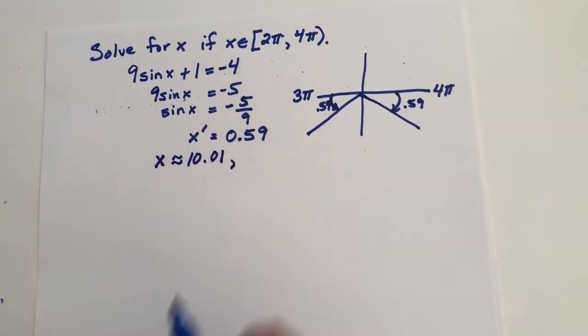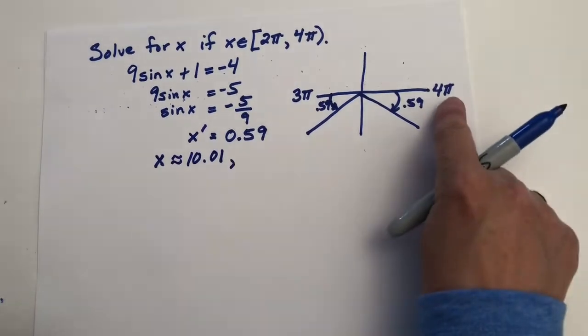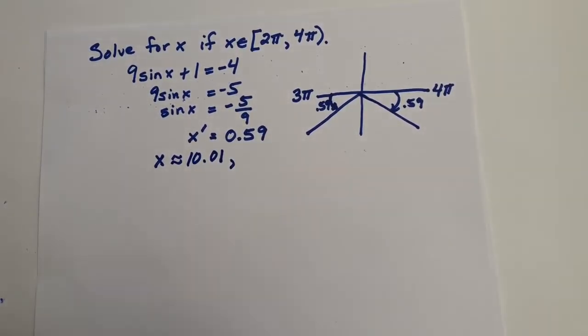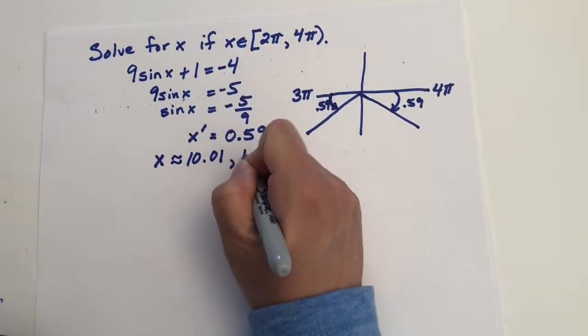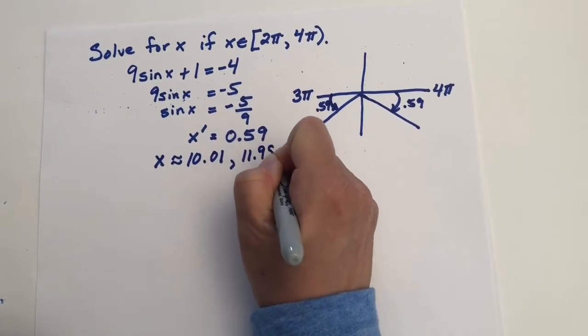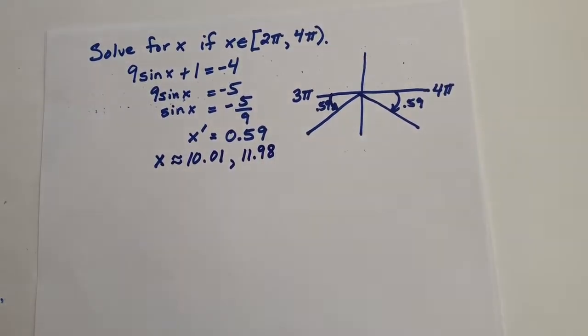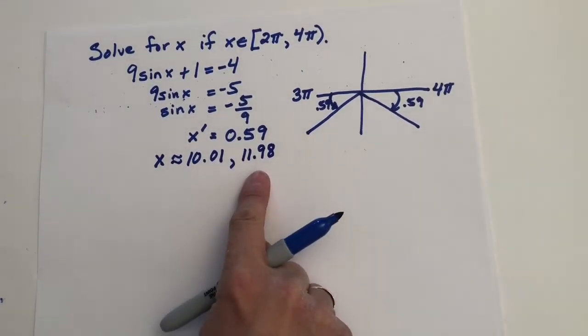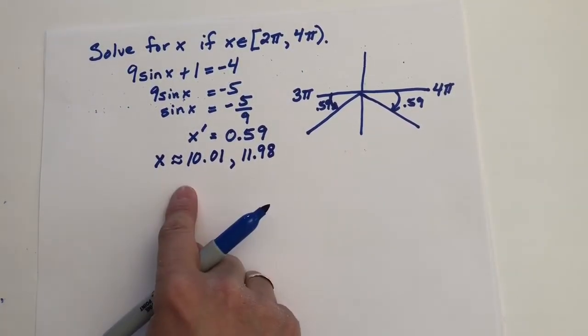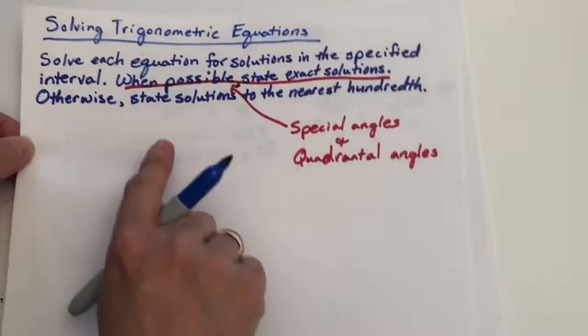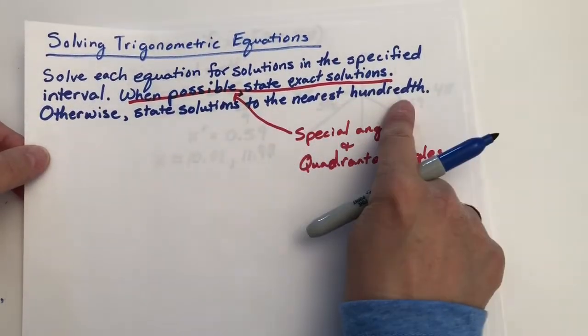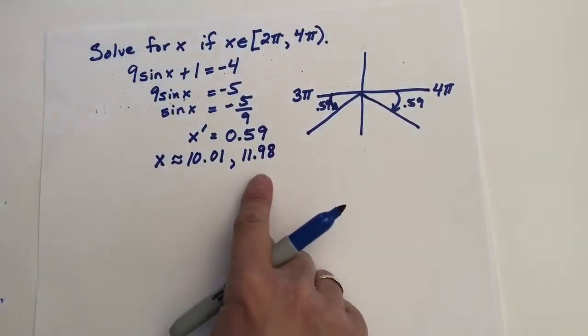And similarly, if I take 4 pi and subtract 0.59, I end up with 11.98. Let me just double check that one. 4 pi minus 0.59. Yes, 11.98. So those are the solutions. And this is the part I was talking about, state solutions to the nearest hundredth. So that's what I want us to practice.